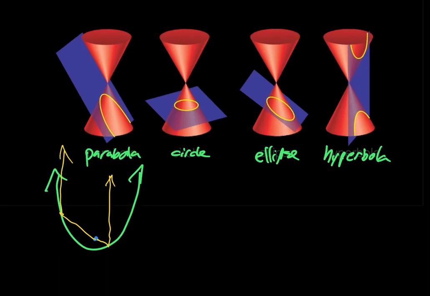It doesn't matter where it comes out of that point. Wherever it comes out of that point, it goes perpendicular. And this is the shape of your headlight on your car. Because if you put the light right at the focus, it's going to reflect out and go this way.